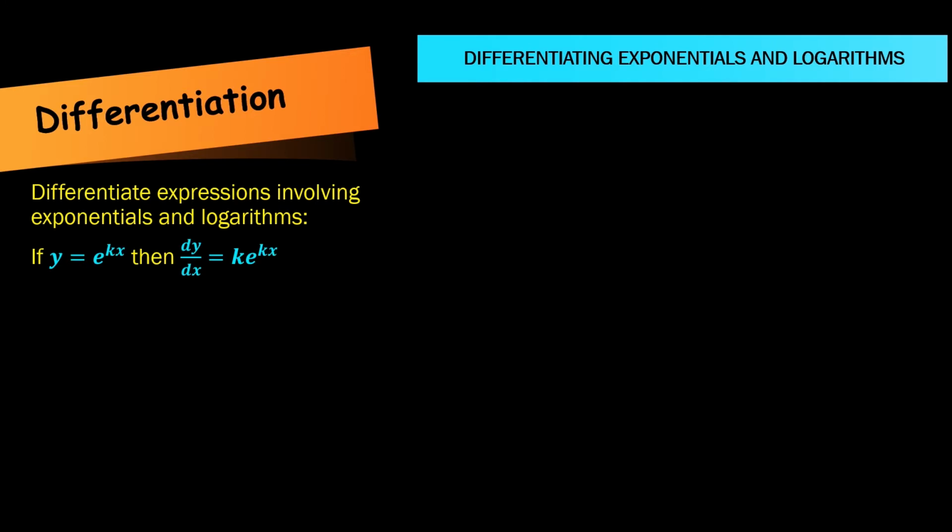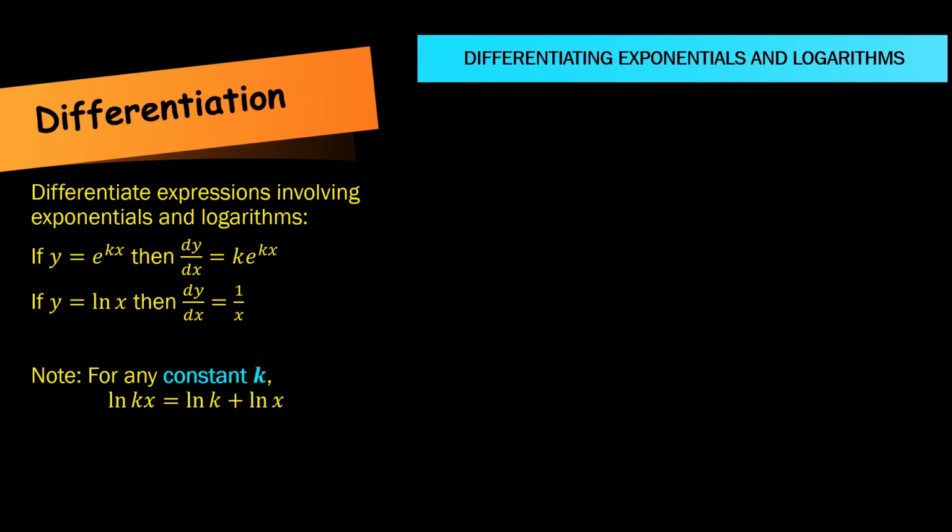Remember that if y equals e to the power kx, then dy dx equals k times e to the power kx. And if y equals ln of x, then dy dx equals 1 over x.